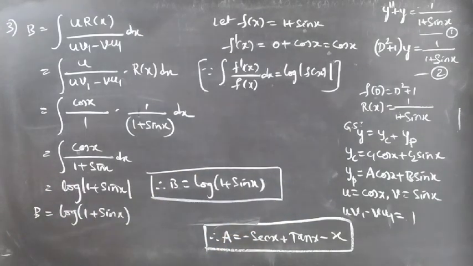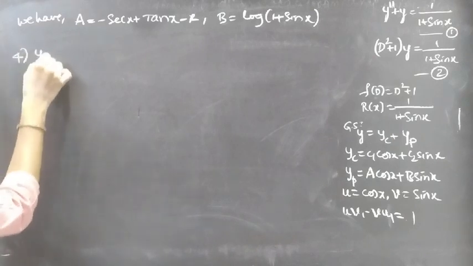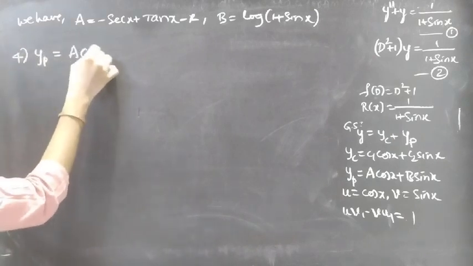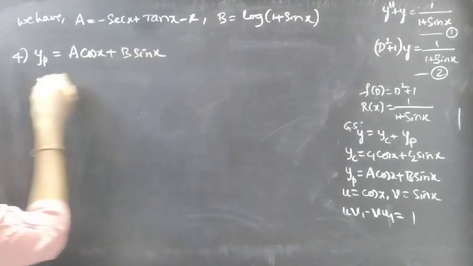Let's now find yp and later we'll find the general solution to the problem. Yp is given by A cos x plus B sin x. Now substitute A and B here.